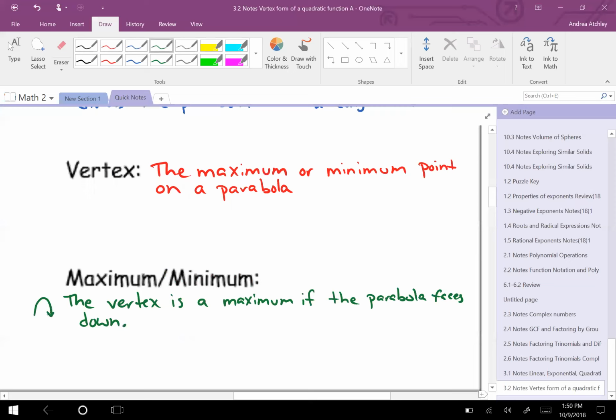So if your parabola is faced upside down, then the vertex will be the maximum point, the highest point.